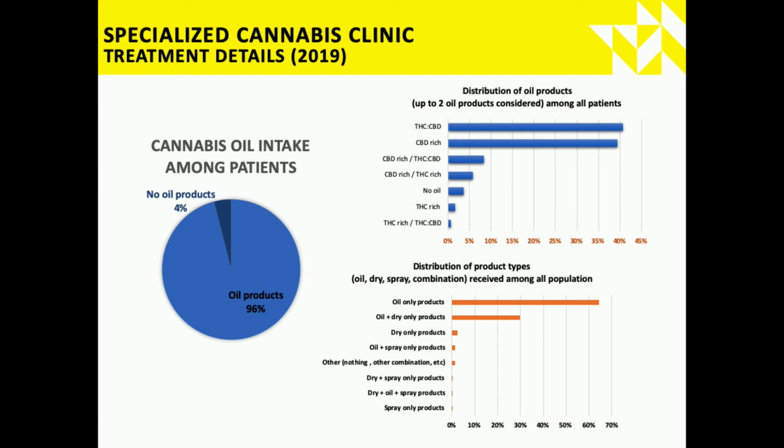So this is the distribution of the products, and this is good news for you, because you can see that the THC-CBD was really the one mostly used, and will be the one available to you, at least that is what I know. It could be that maybe you will have just THC. Now, the CBD-rich oil is the second most used.